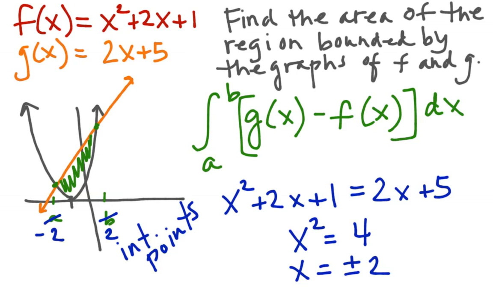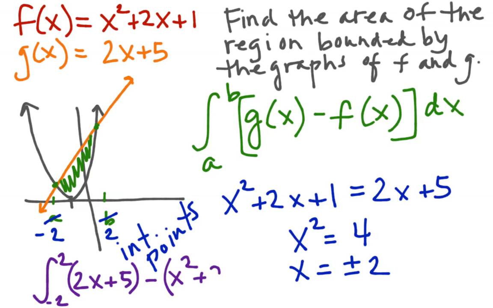So what does this look like if I'm to set this up? The integral from negative 2 to 2 of g of x, 2x plus 5, minus x squared plus 2x plus 1, dx.